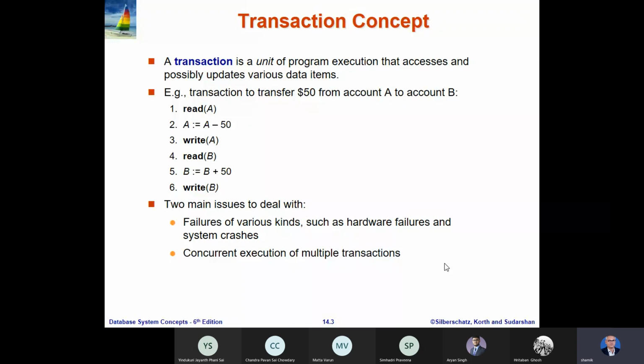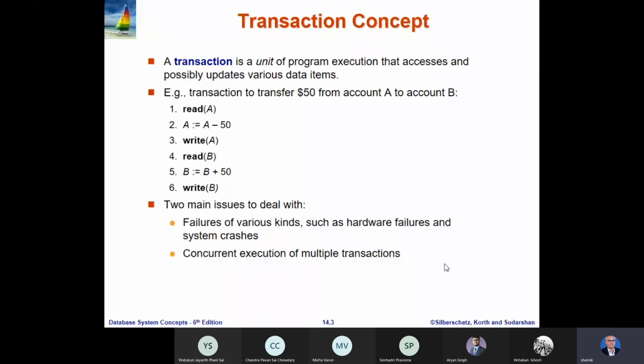So we read A, which was 1000, and then we are transferring 50 from A. So the value of A, which is the balance itself, will be reduced by 50. So A is A minus 50. We write A, so we write 950 in A, and then read B, which is say 2000, and then we make it 2050, and then write that value of B back in the database.